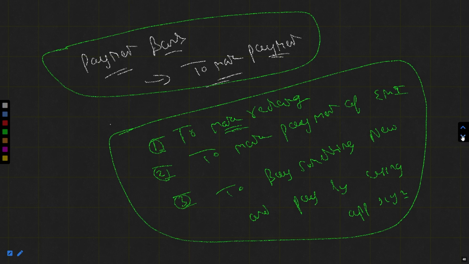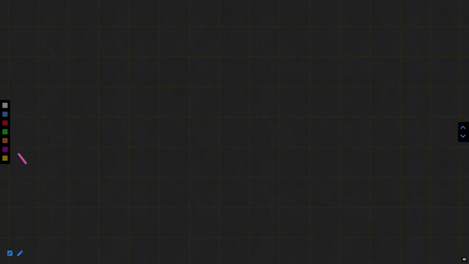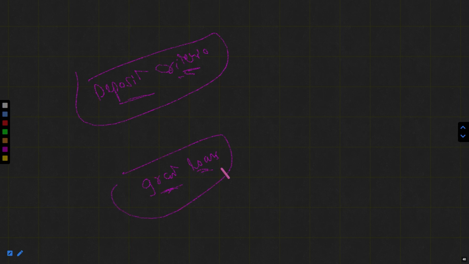And if we talk about the deposit criteria, if payment banks are banks, could they accept deposits or could they grant loans? That must be the question arising in your mind. The first thing could be done by them, the second could not.